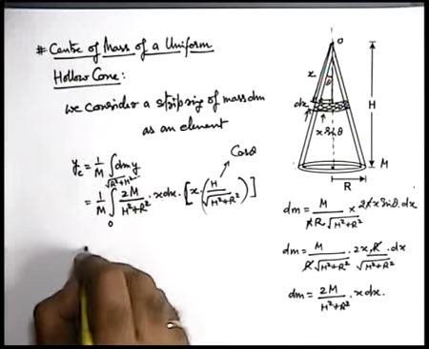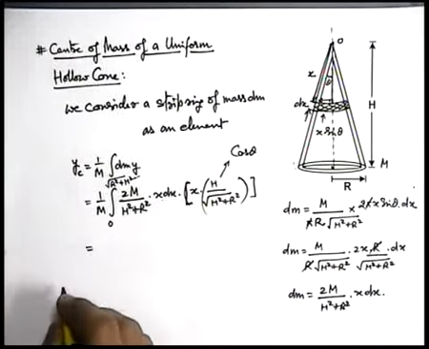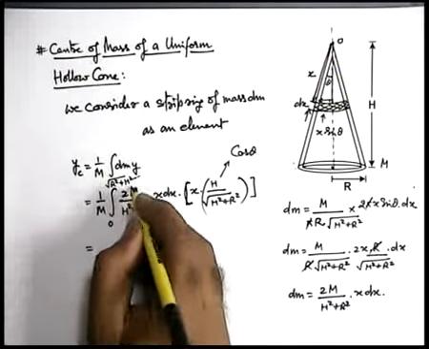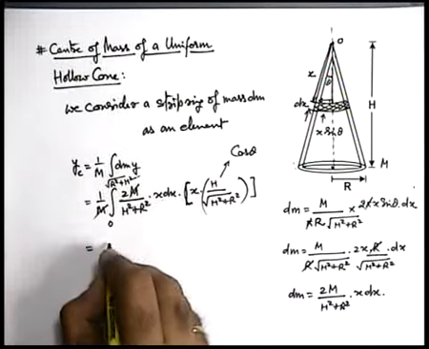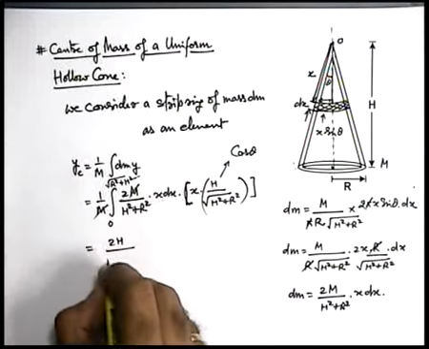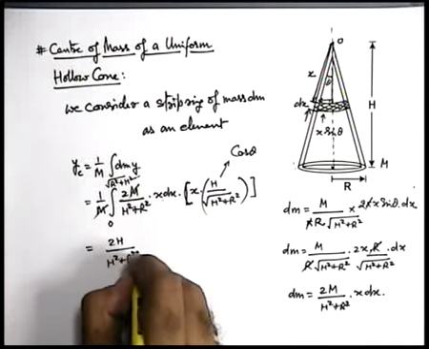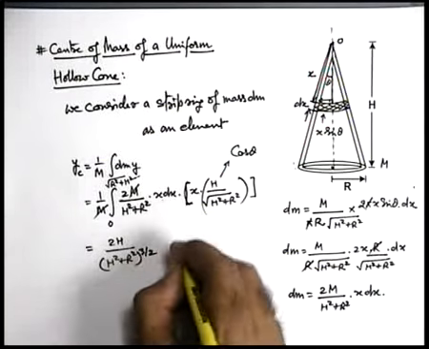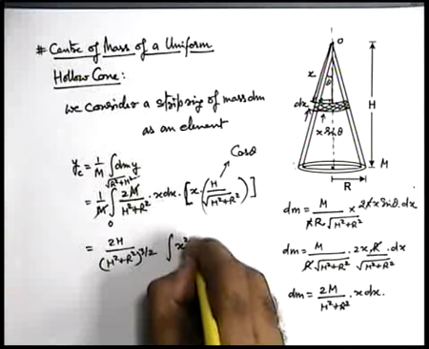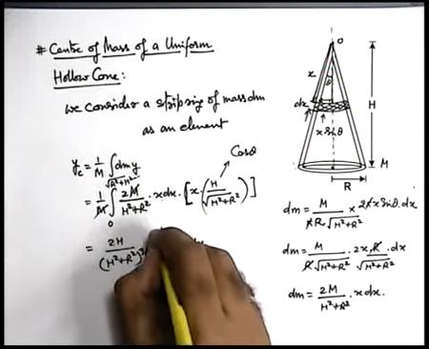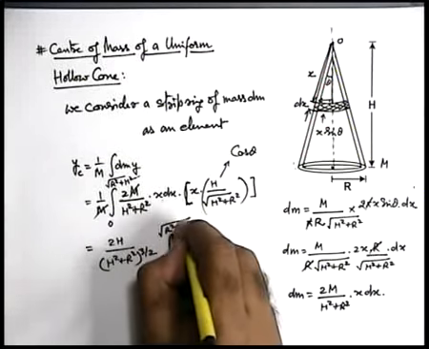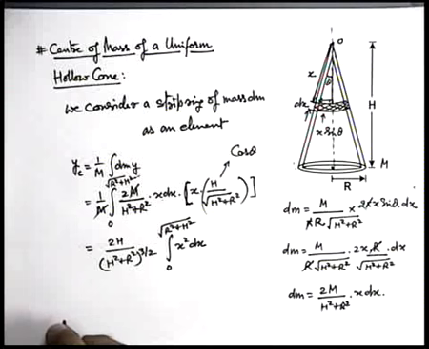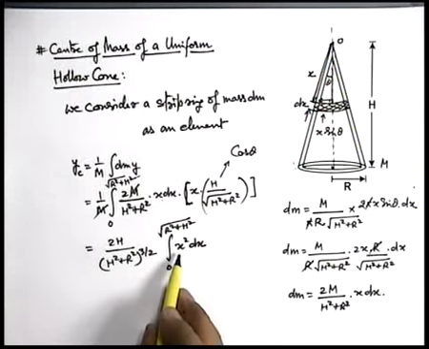Now the only job left is to integrate the expression. Here you can take most of the constants out. This will be 2h upon h square plus r square to power 3 by 2 integration of x square dx from 0 to root of r square plus h square. If we integrate this expression, you can see what we'll be getting here.